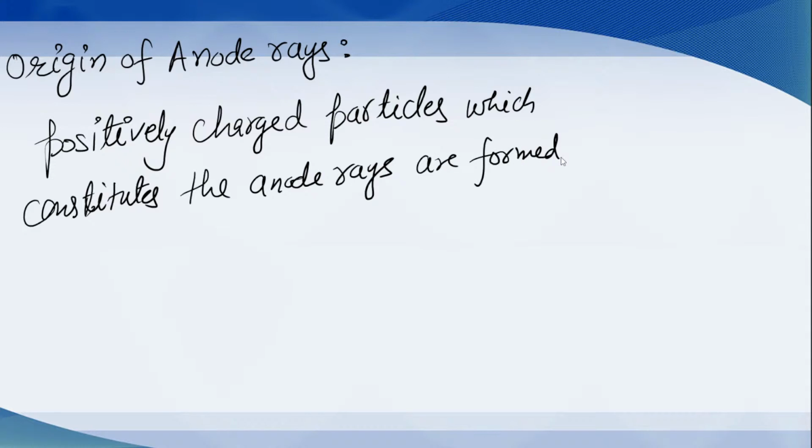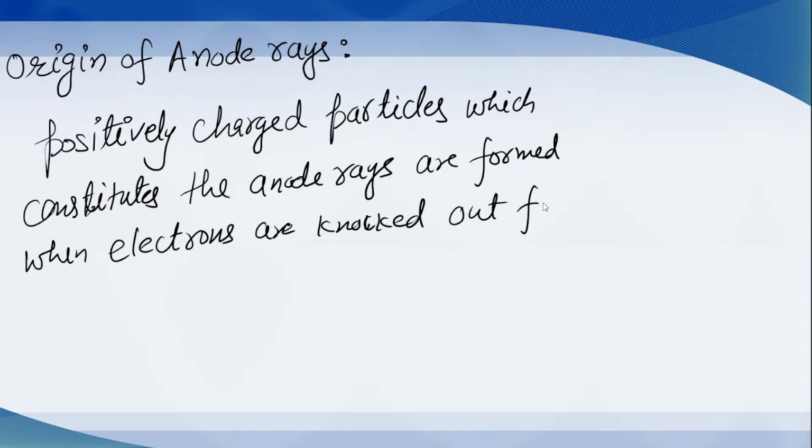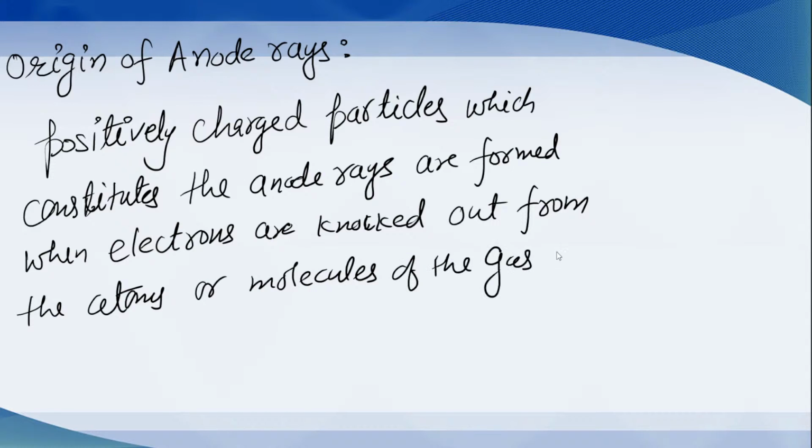They are formed when electrons are knocked out from the atoms or molecules of the gas in the discharge tube.